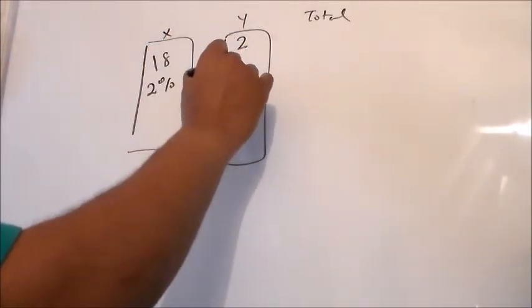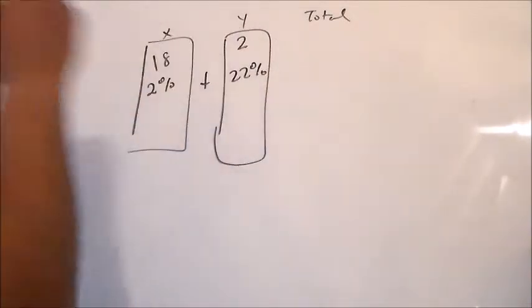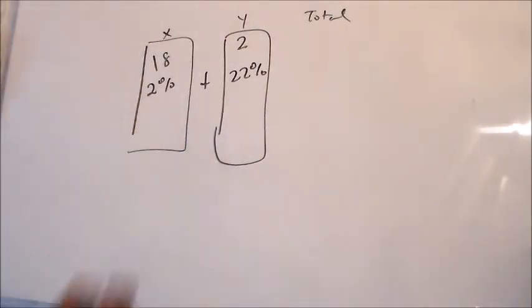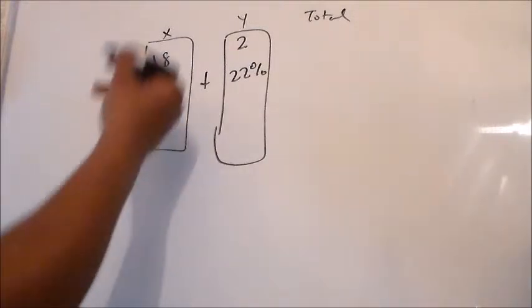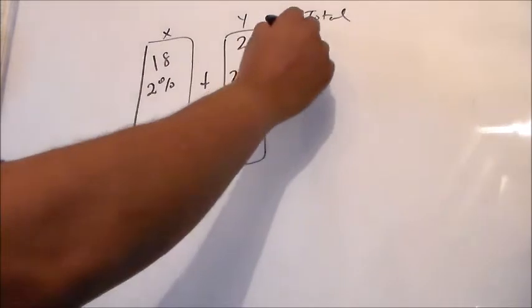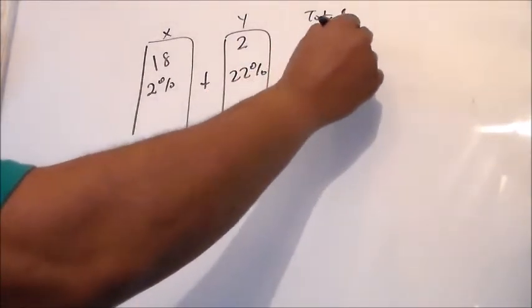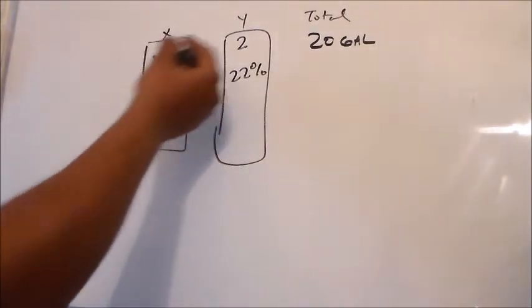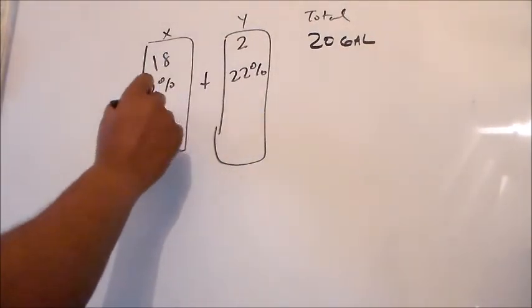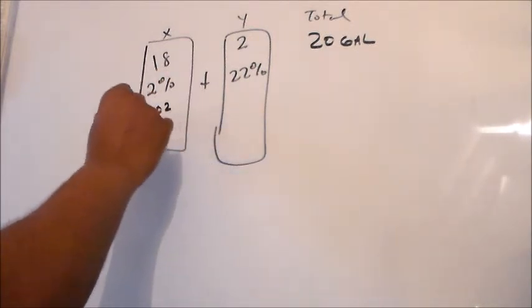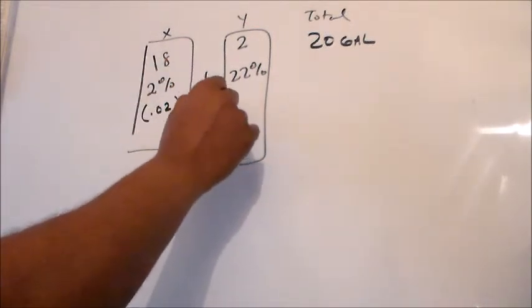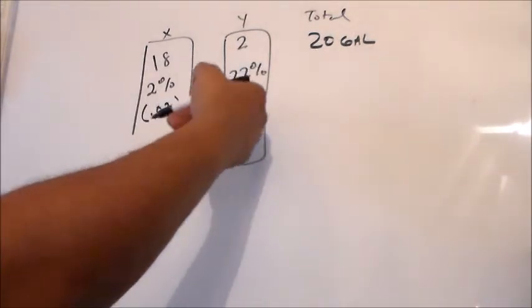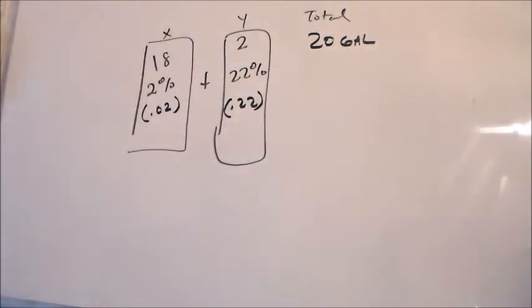This is 2 gallons at 22% buttermilk fat. All we really need to do is multiply our quantities by our percentages, but we have to change them to decimal form. 0.02 is 2% in decimal form, and 0.22 is 22% in decimal form.